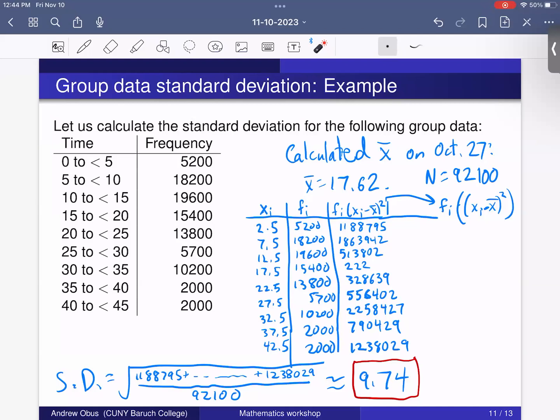The absolute deviation is a little easier to calculate, but most people think the standard deviation gives a better representation of the dispersion. So it's a little bit harder to calculate, but most people think it's a better measurement.